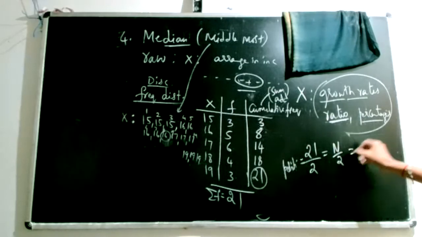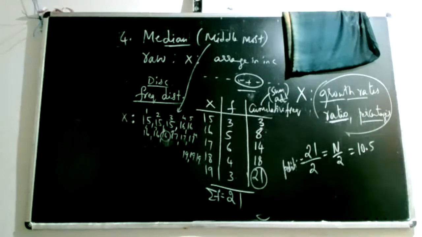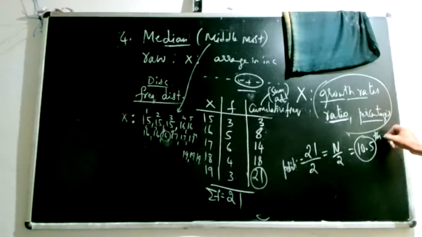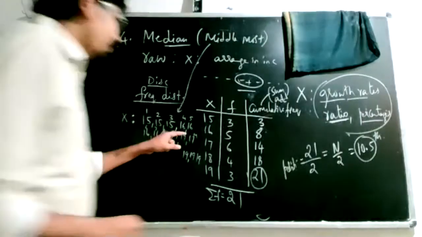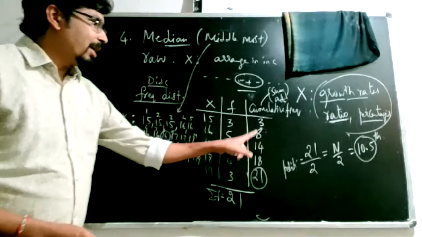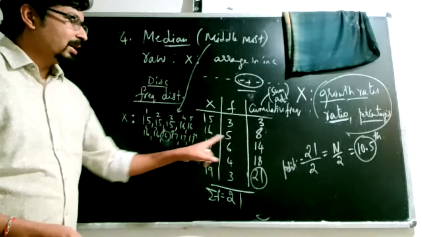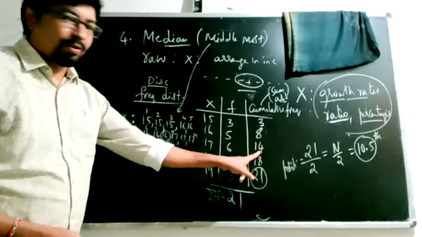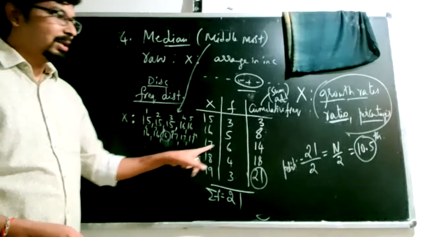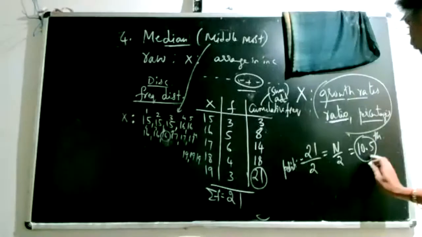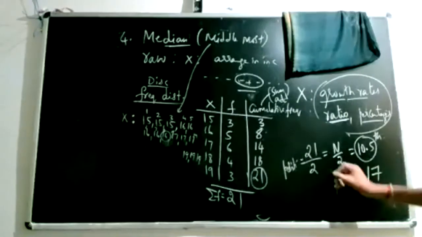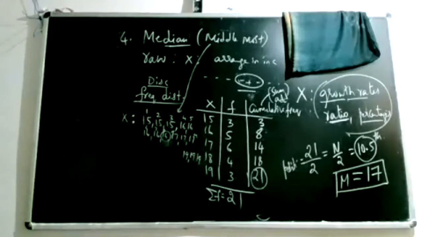So pick your n by 2. In this case, it is 10.5th number. Now if I say 10.5th number of x, that is in between 10 and 11. Now if you look into the data, up to position 8, I have 16. From 9 up to 14, I have the number 17. So the number which is present in the 10.5th position is also 17. So this is how the median can be obtained.